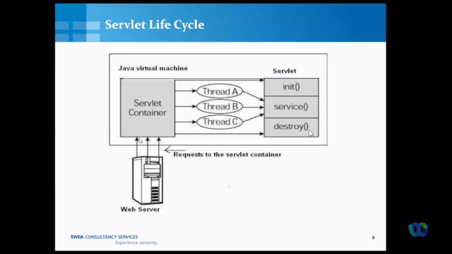We can see that from the web server we have three arrows pointing towards the servlet container. It means we need to perform three different tasks simultaneously. That is why we are using threads. Why are threads used? Because using threads we can run multiple tasks concurrently with other threads within the same process, right? So that is why thread A, thread B, and thread C are there.